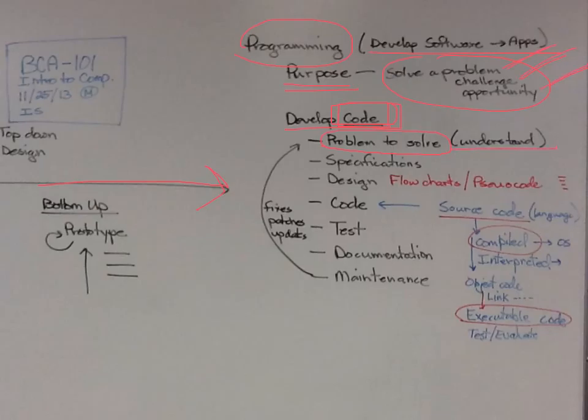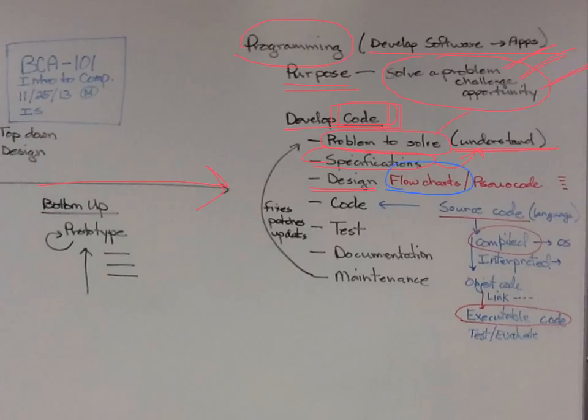So we're going to solve a problem, or like I talked about, a challenge, an opportunity. The first thing we have to do is you have to understand that. You have to know exactly what they want. You have to define it specifically. And once you know exactly what the problem is, then you can start working on specifications, all the details around understanding the problem. Once you have all those, now you can design what the solution is going to look like.